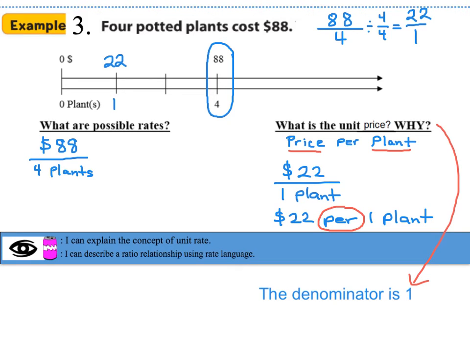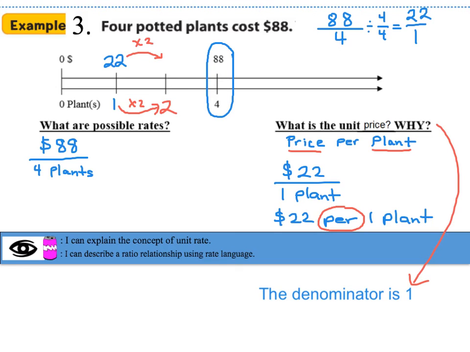So what we can do now is figure out another possible rate by doubling this. So if I multiply 1 times 2, 1 times 2 becomes 2. So for 2 plants, I'm going to figure out the cost of that. If I multiply the bottom by 2, I can multiply the top by 2 as well.